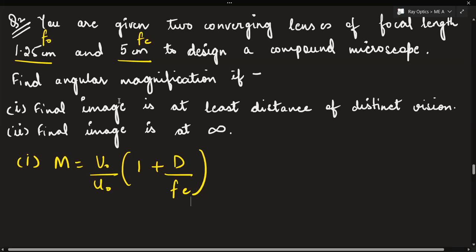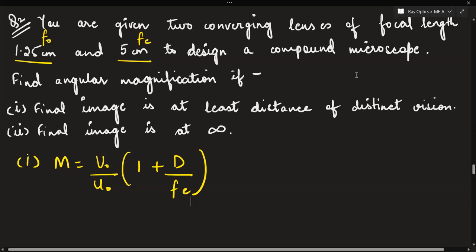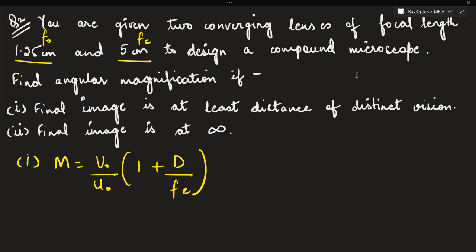Now see here what you have. You are given converging lenses of focal length 1.25 centimeters and another one of 5 centimeters, and this is there to design a compound microscope.